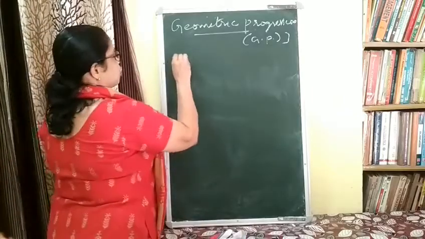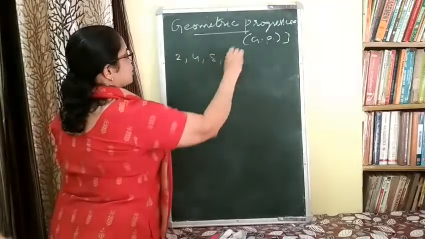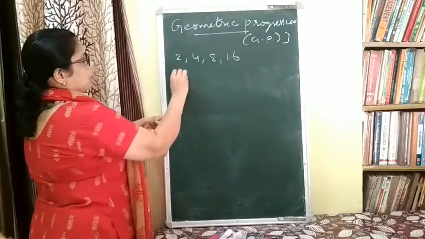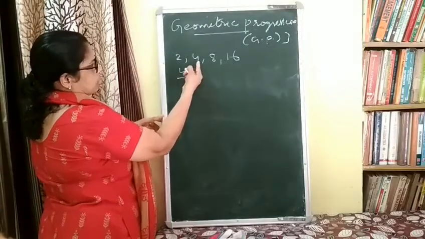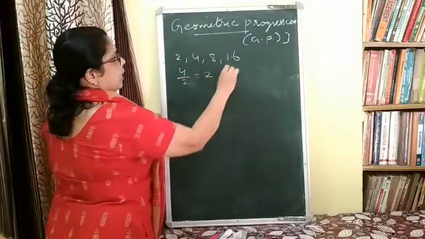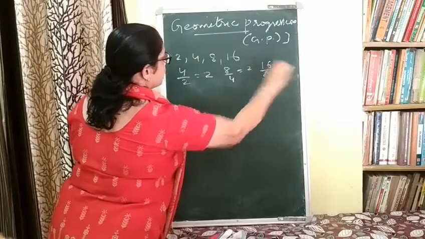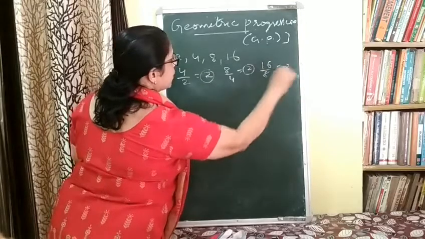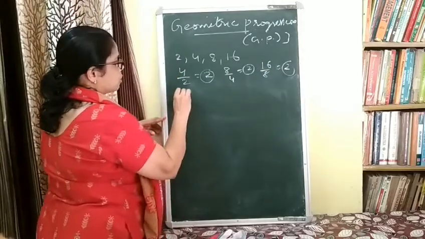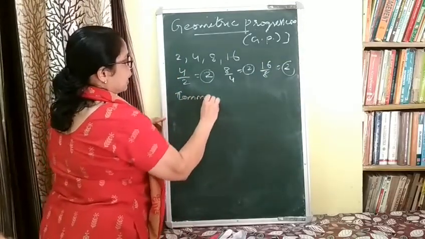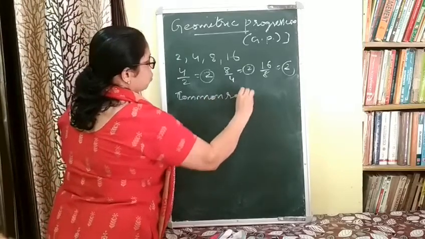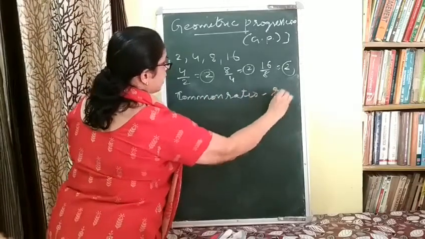Example, I am taking 2, 4, 8, 16. Succeeding means second term: 4 by 2 is 2, again 8 by 4 is 2, 16 by 8 is 2. All these ratios are coming the same and constant. This ratio is called the common ratio, like common difference, and the common ratio is denoted by the letter r.